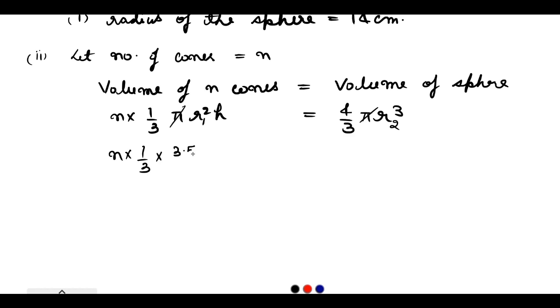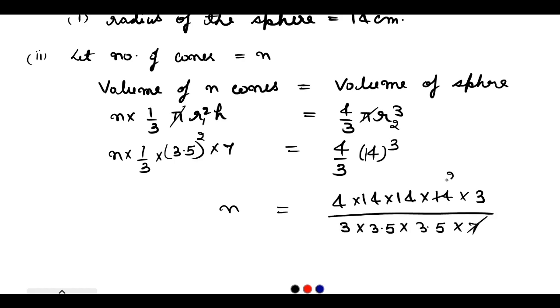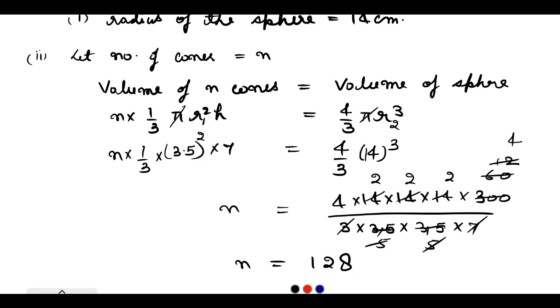Radius of the cone is 3.5 and height is 7, and radius of the sphere is 14 centimeter. N is equal to 128.